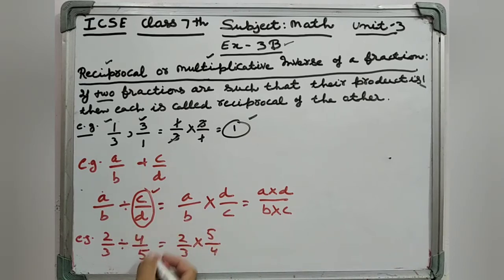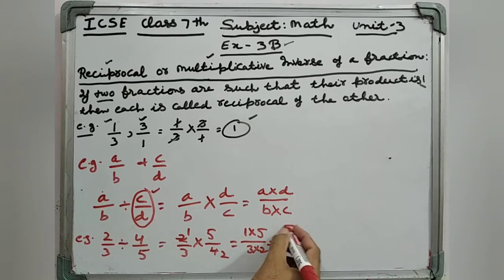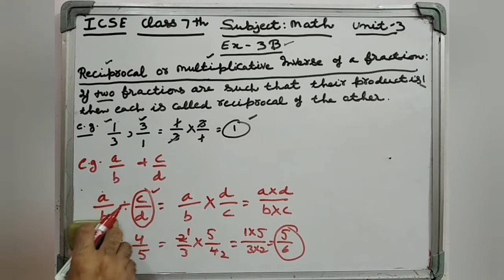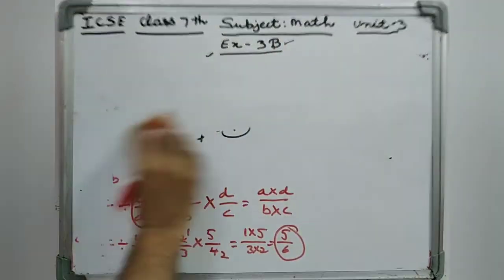Denominator will become numerator and numerator will become denominator. 2 ones are 2, 2 twos are 4. 1 multiplied by 5, 3 multiplied by 2, 5 ones are 5, 3 twos are 6. Our answer will be 5 upon 6. This is reciprocal or multiplicative inverse, which we will utilize in the process of division.